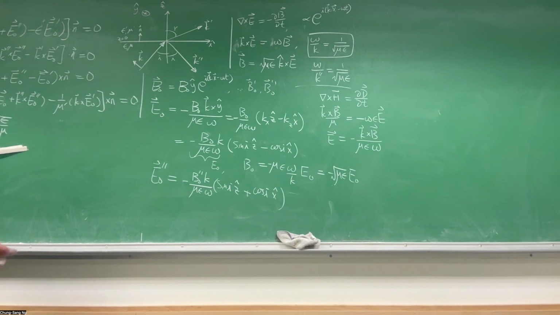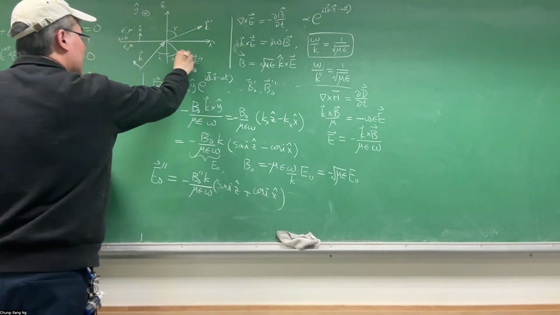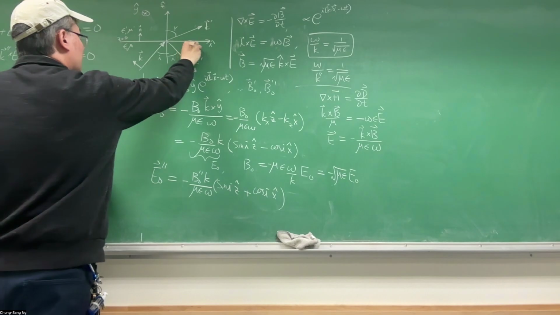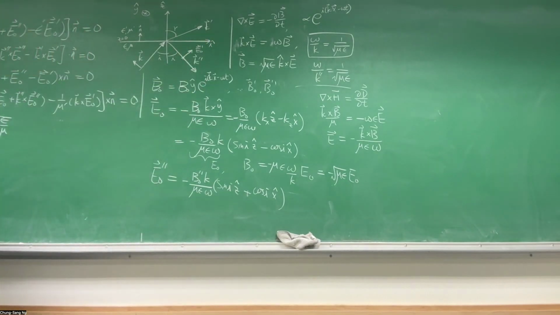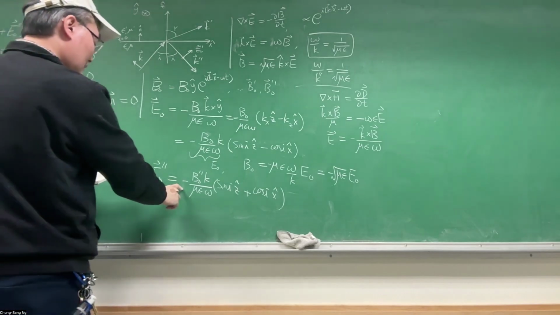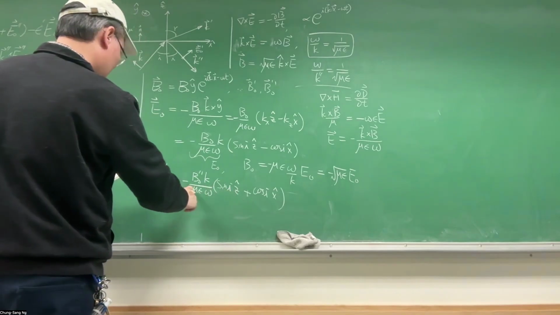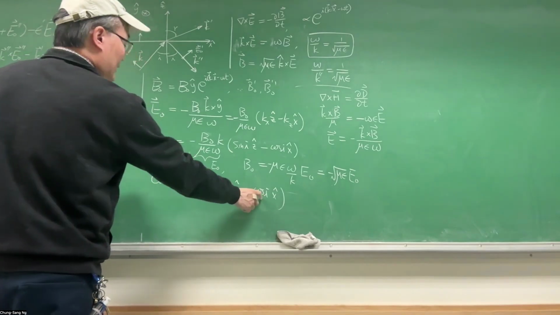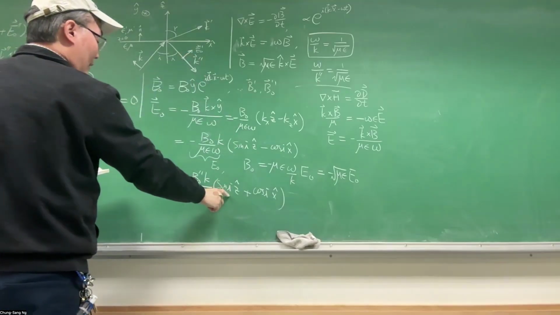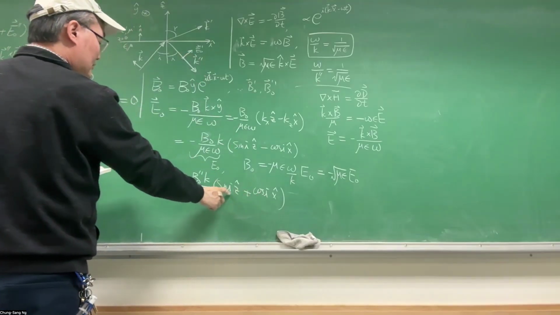In Jackson's case, it actually defined it as in this one, E0 double prime, and that actually makes a negative sign here because in this vector you have positive x component, positive z component.